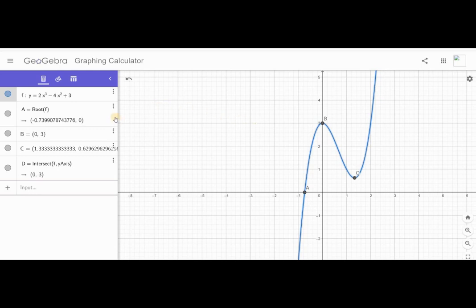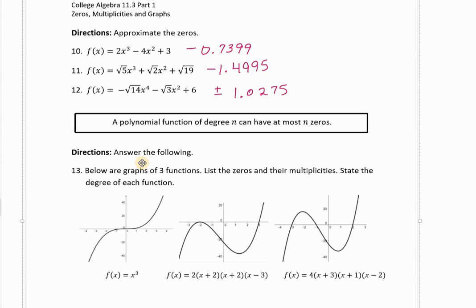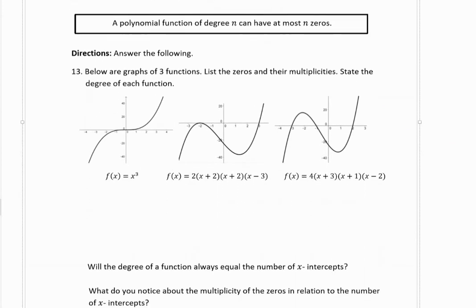So you can see I have a zero here at -7.3. That's point A. And that is the only zero that I have. Okay, so again, a polynomial function of degree n can have at most n zeros.